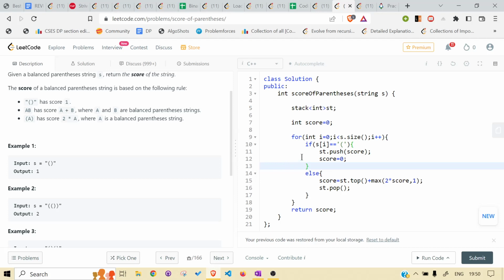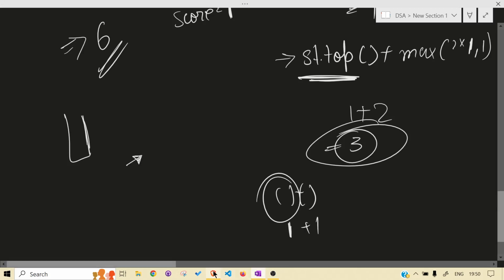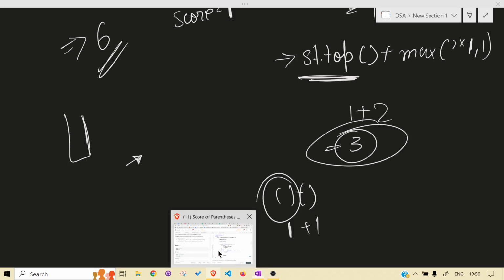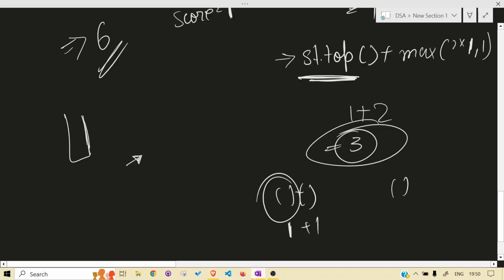So in the else case, when the closing bracket happens, what you have to do is take the previous state. Why previous state? Because you have to have this 1 plus 1. So that's why previous state is necessary. Up till now what you have calculated, you have to add it. What we are handling over here is this case.